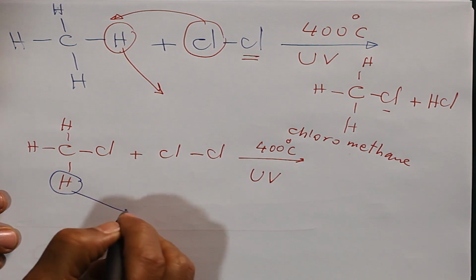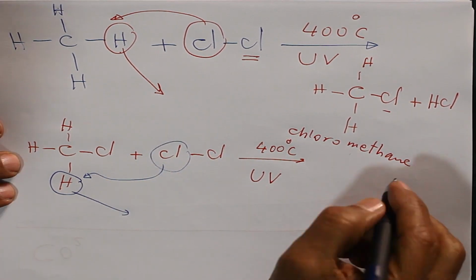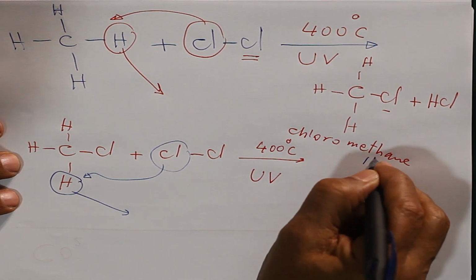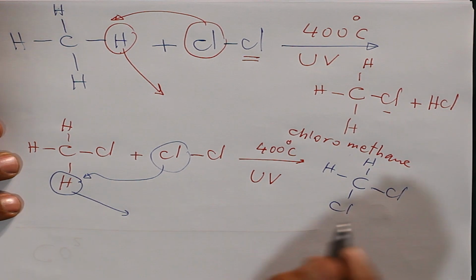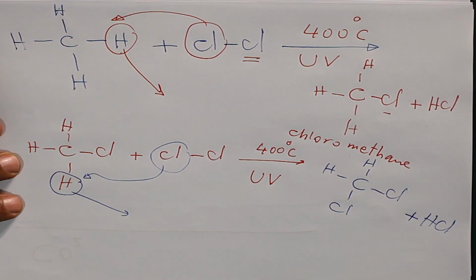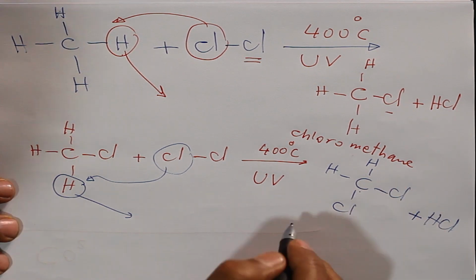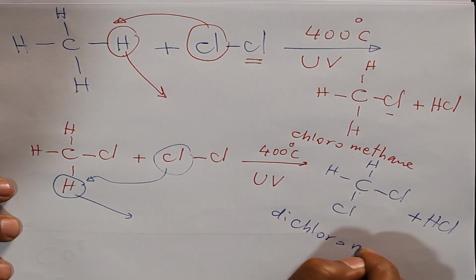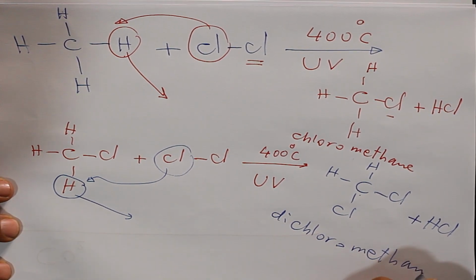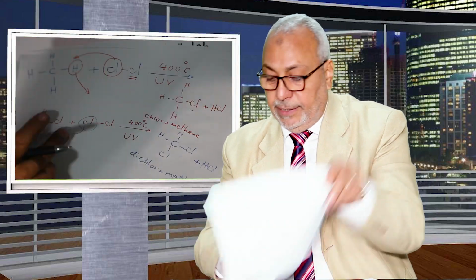It will replace a hydrogen with another atom of chlorine, forming CH2Cl2 plus HCl. What is the name of this compound? Methane and 2 chlorine: dichloromethane. The reaction will be completed in another step.